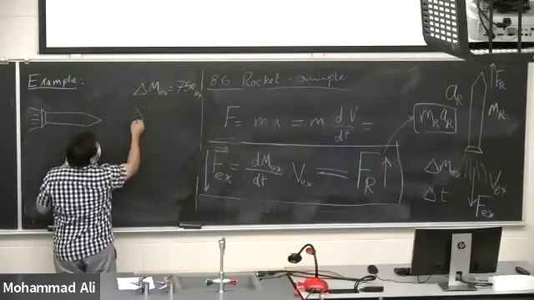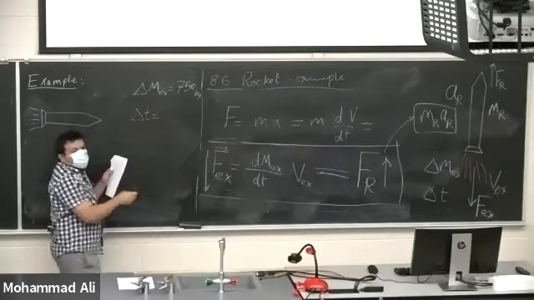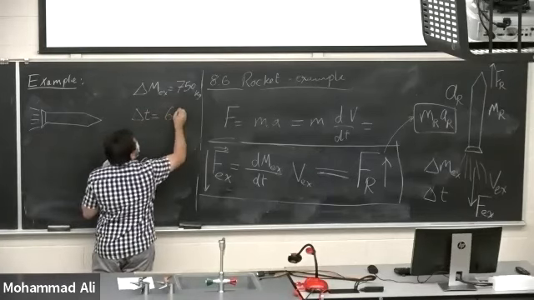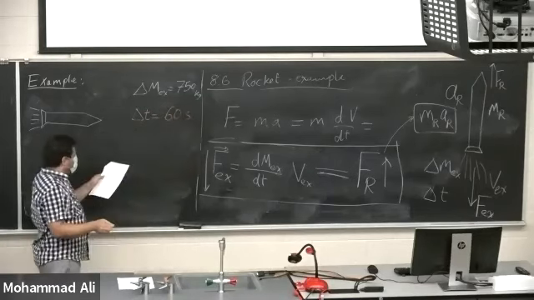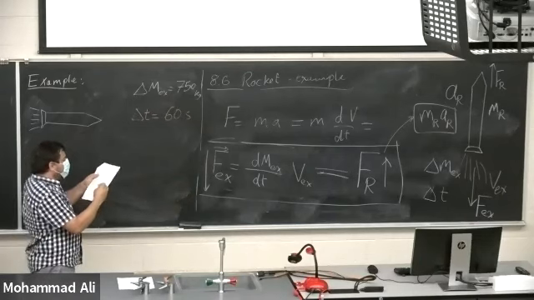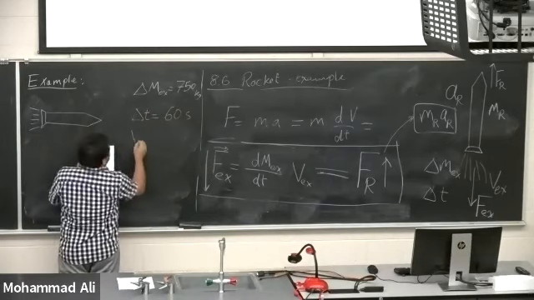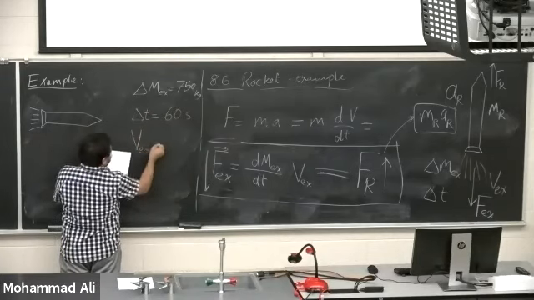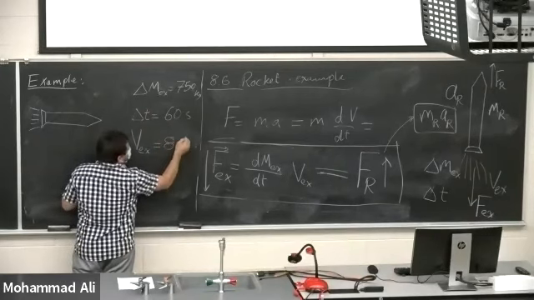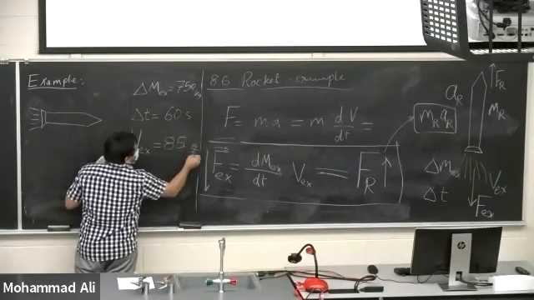So delta T, how much is delta T? It is 1 minute. How much is 1 minute? 60 seconds. Okay. The velocity of the exhausted material, V of this exhausted material, is equal to 85 meters per second. Okay.